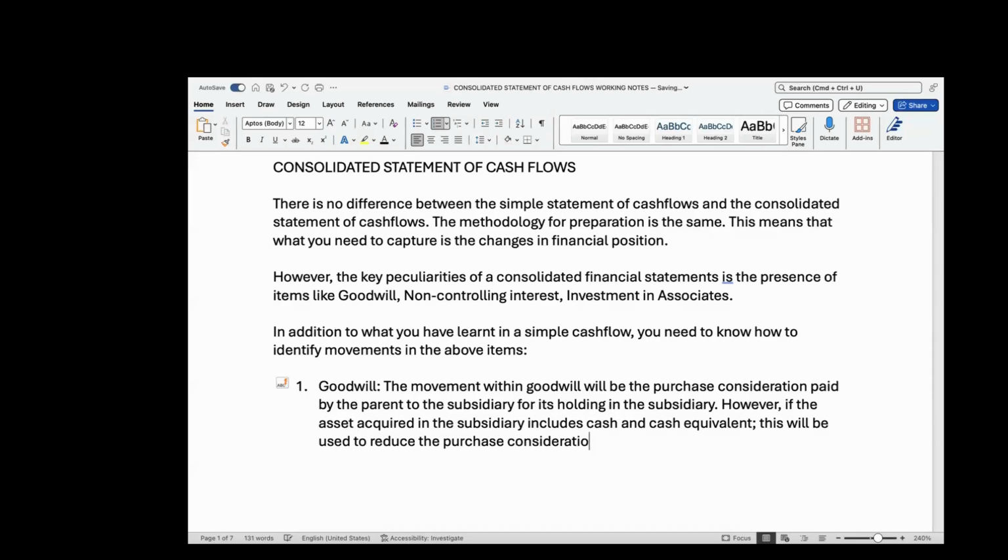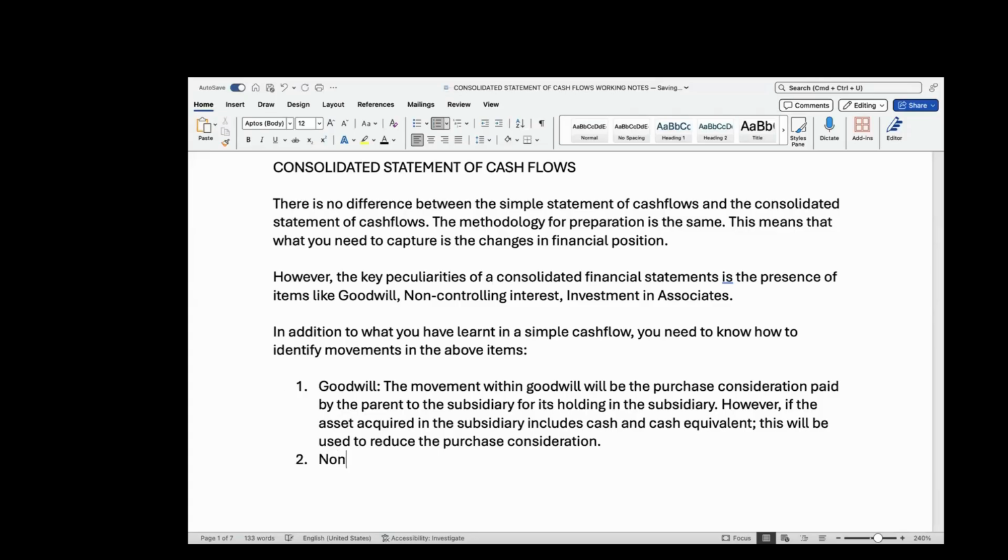It makes sense that I paid 100 naira to acquire a subsidiary, and part of what I'm acquiring in the subsidiary is cash of 20 naira. So effectively, what I've paid is 80 naira because it's as good as giving me back my 20 naira. So basically, for goodwill, that is the cash movement there.